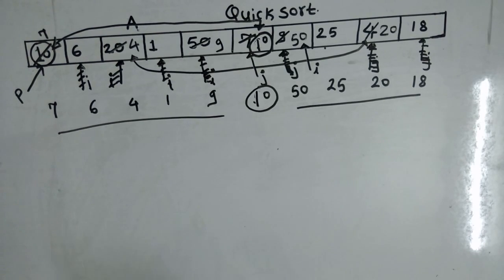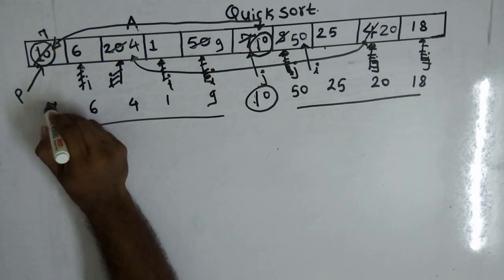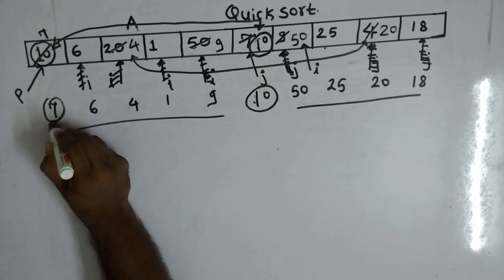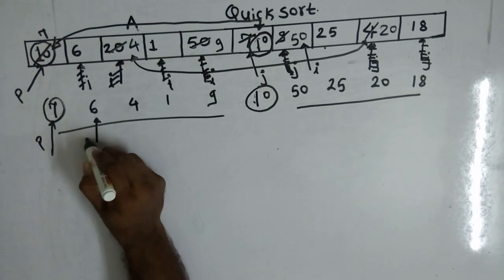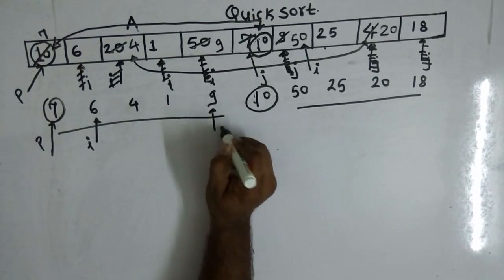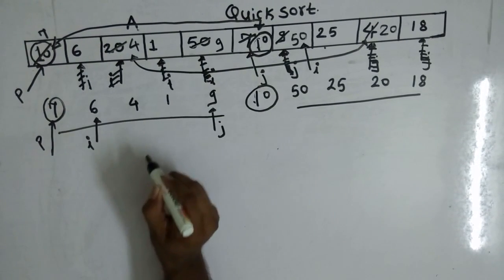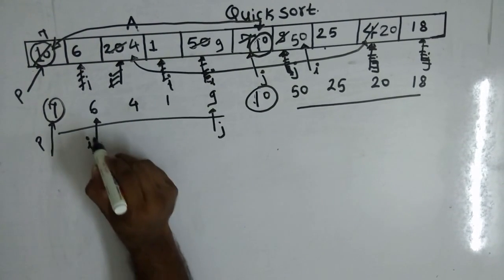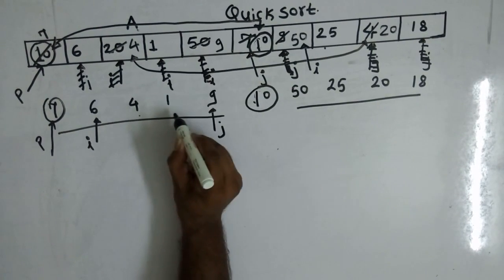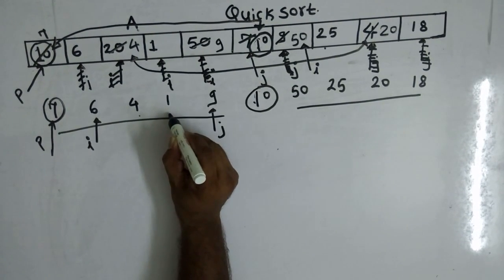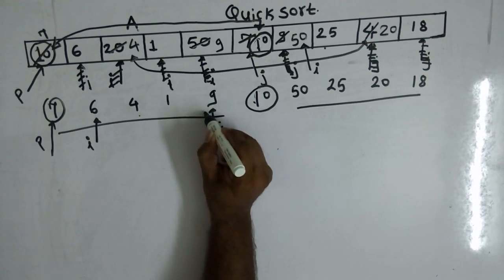So now we'll repeat this procedure for the left part. So this will be my pivot. Here is my i, here is my j. Increment i till you find the element greater than pivot. So 6 is lesser than pivot, 4 is also lesser than pivot, 1 is lesser than pivot, so 9 is greater than pivot.